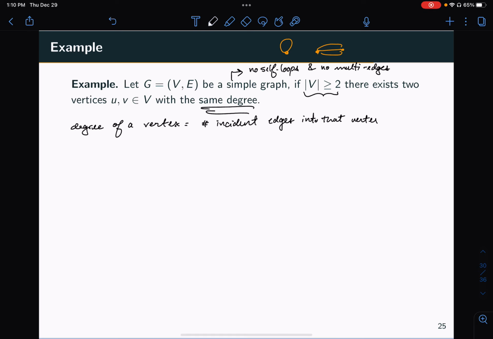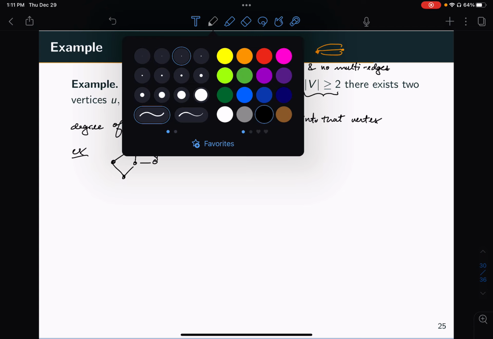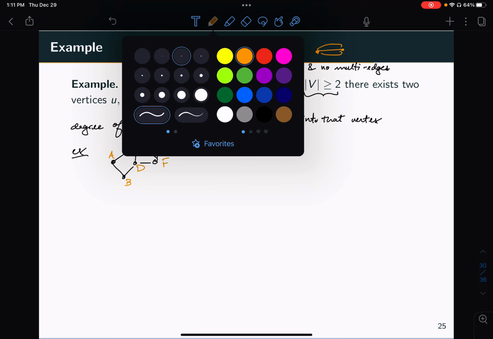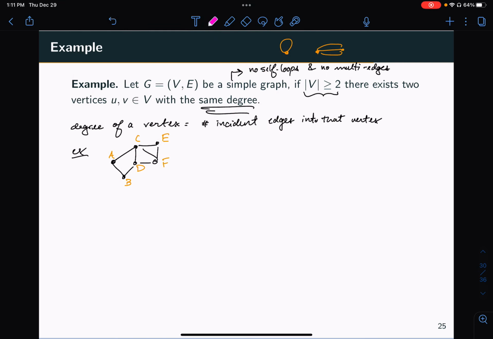So for example, if I have a graph like this, and we count some of its degrees. Let's first label the vertices. The degree of vertex A is, well, let's see, it has this edge and this edge, right?